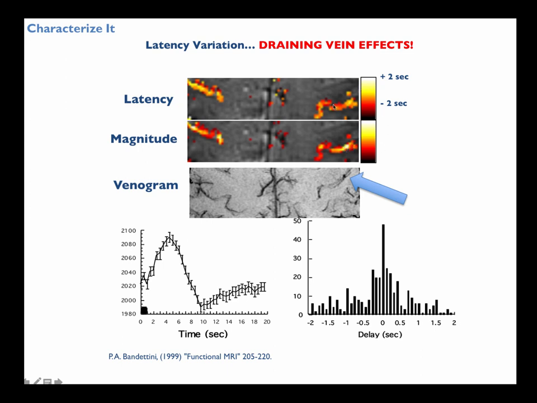But if you look very carefully at these patterns, the magnitude matches the latency. And the longest latency in particular seems to be over this dot here, and that's over a dot right here with the largest magnitude, with a venogram that's right over a vessel. And so you might get this distribution of latencies, but really the long latencies are typically over the largest draining veins. And so they might be downstream collecting oxygenated blood that takes about a second or two to get to them.